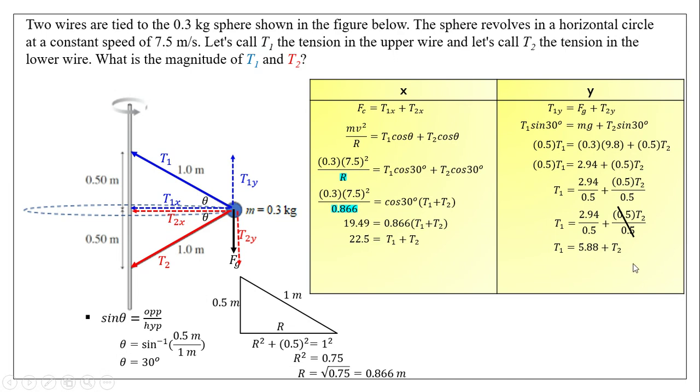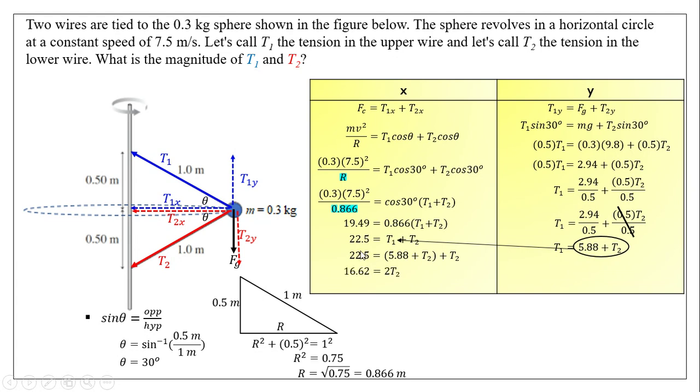Well, now that you have a statement for T1, you can just substitute it in the left side for T1. So instead of T1, I'm just going to substitute 5.88 plus T2, plus another T2. So as you can see here, you have a T2 plus a T2, which makes 2 T2. You're not multiplying, so make sure you're careful with the algebra here. T2 plus a T2 is 2 T2.